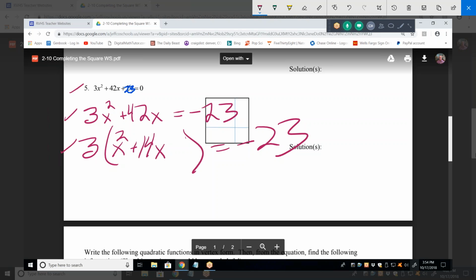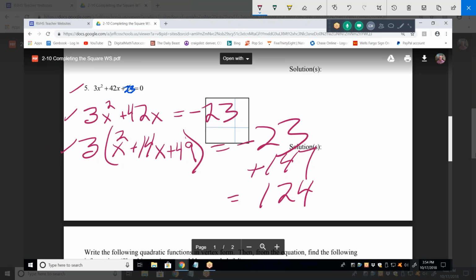Now, when I complete the square and I add 49, I have added 147 to the left side. So I got to add 147 to the right side, turning that into 124, which is not divisible by 3.